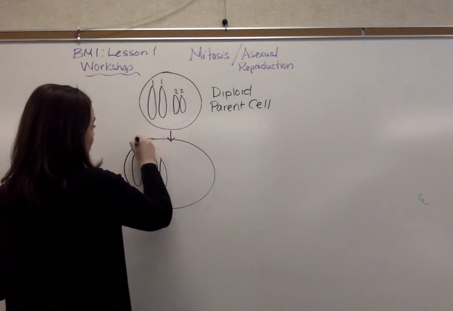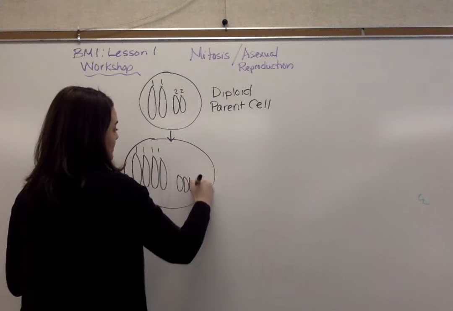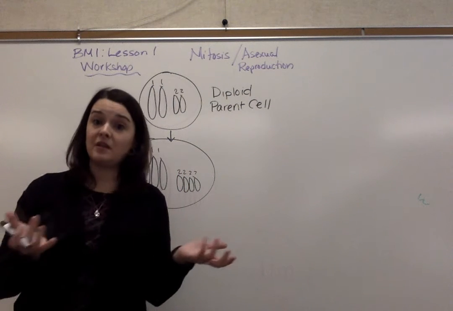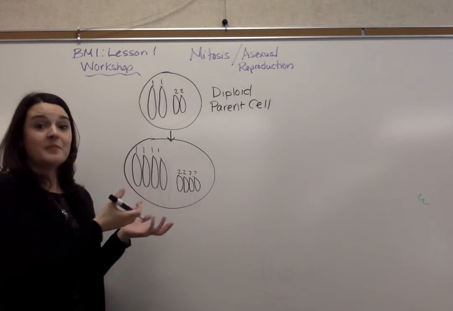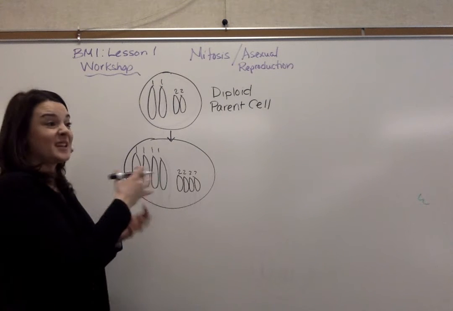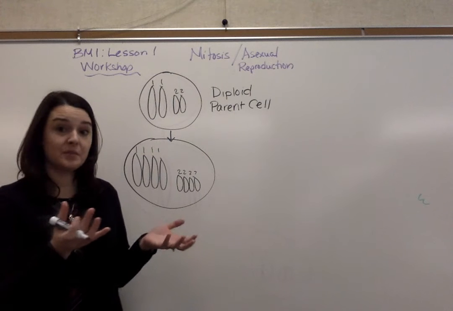So instead of having 2, now we have 4 of each chromosome. And this takes the cell time and energy to prepare for division. There are a lot of steps in between that require the chromosomes to line up and for the cell to actually split. But remember, we're keeping things simple today.